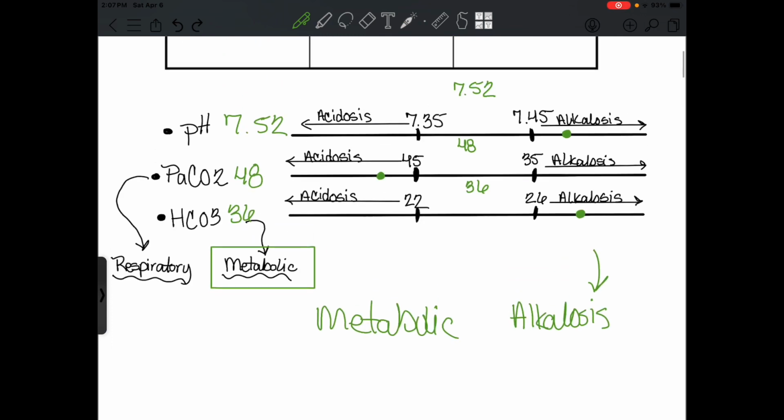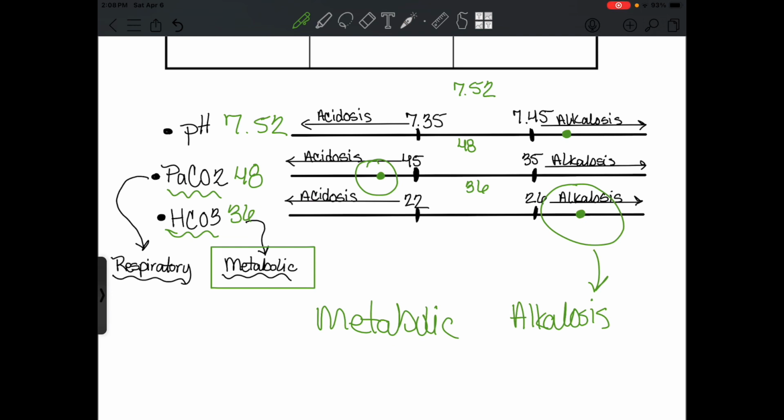But what else is going on? It might not be fully compensated, but is it partially compensated? If it's partially compensated, then, for example, I have my HCO3, which is the problem child over here, but I do have my PaCO2 that is on the acidosis side. As long as both of those are on opposite sides, you know that there's at least some type of compensation going on.